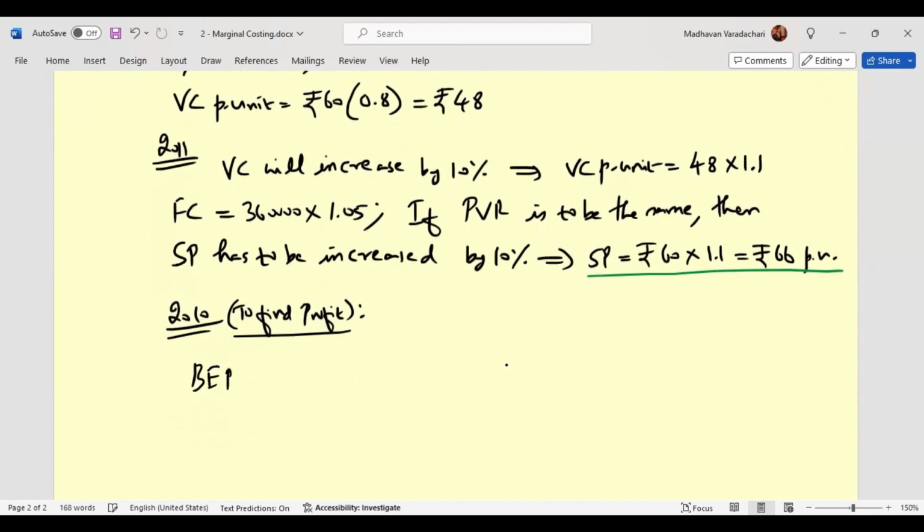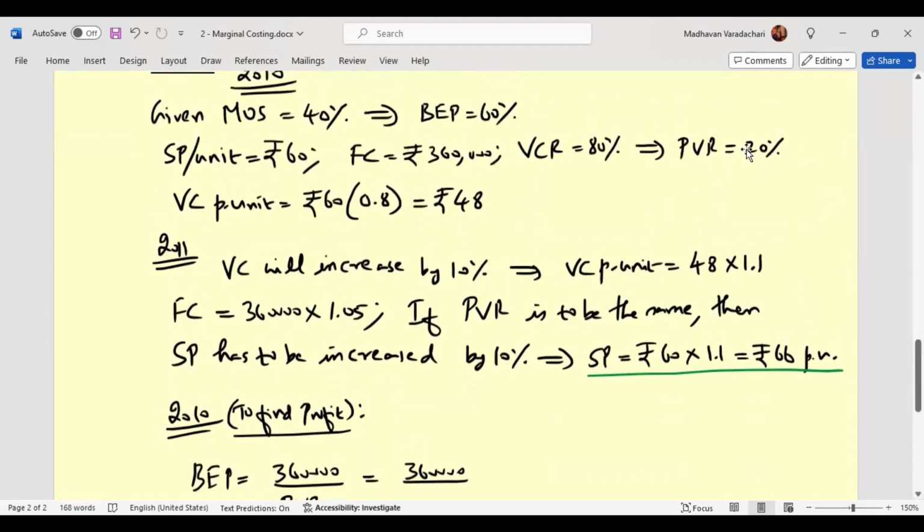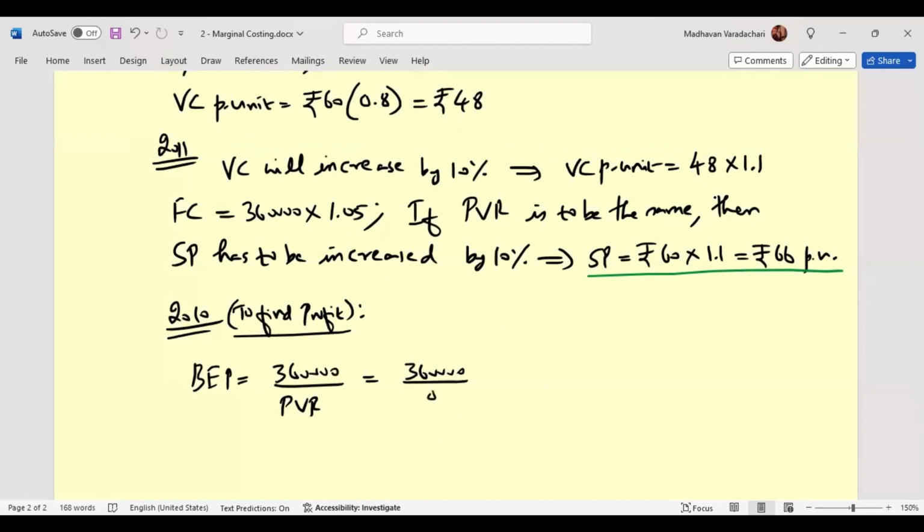We know break-even point is fixed cost, that is 3,60,000, divided by PV ratio. We know in 2010 the PV ratio is 20%, so 0.2.